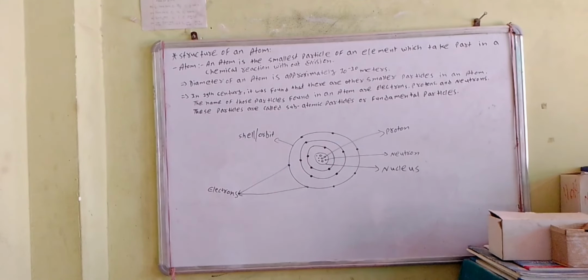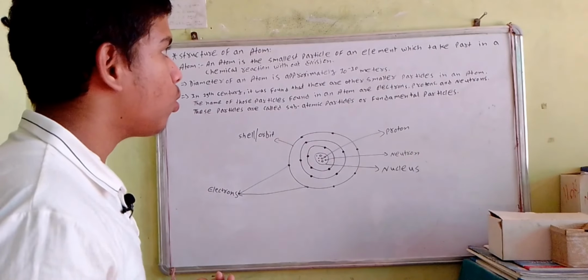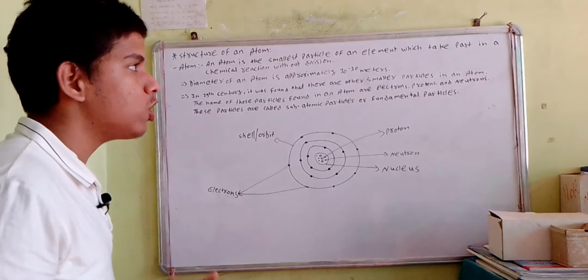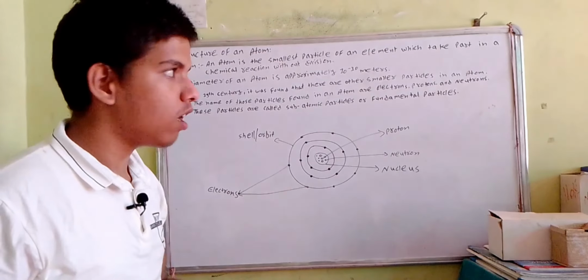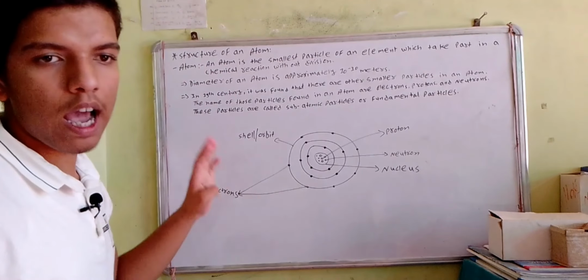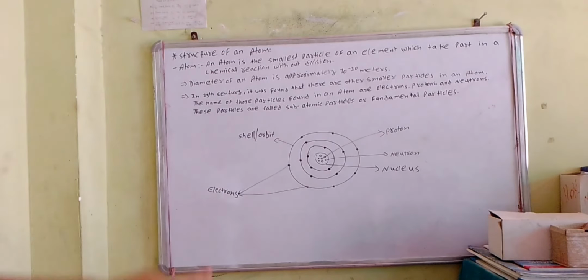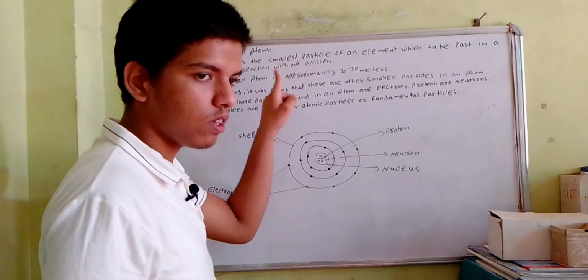Okay, so first let's start with what is an atom. As you guys already know, an atom is the smallest particle of an element which takes part in a chemical reaction without division, right? I have already talked about this definition. Don't pay attention to the camera, focus on the whiteboard, right?